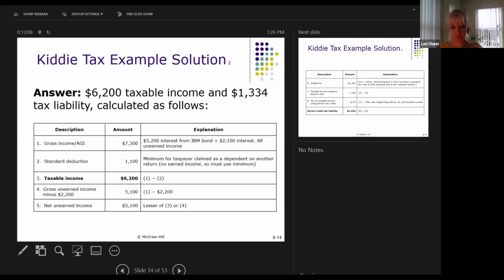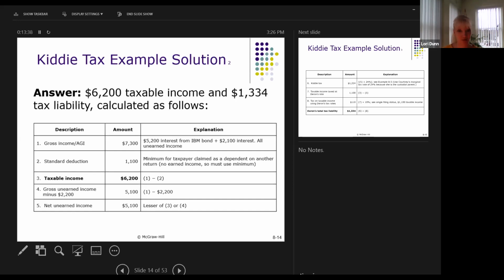Now remember, no matter if you have earned income or not, if you are claimed as a dependent on someone's tax return, your standard deduction is the greater of earned income plus $350 or $1,100.